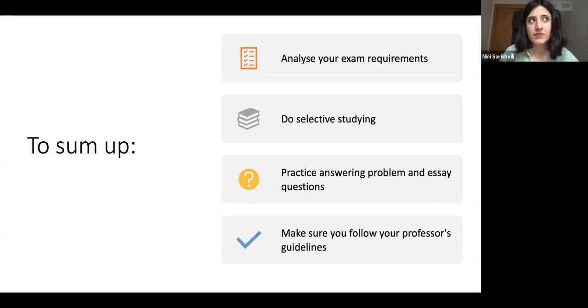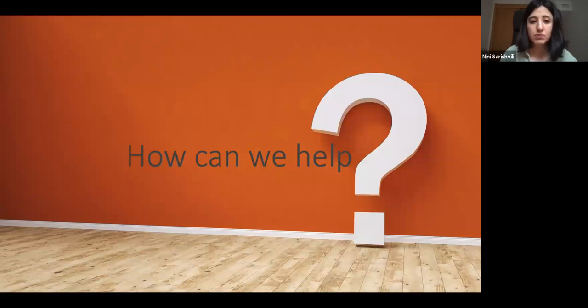There is also sometimes formative coursework, but you may or may not have it. If you have it, make sure you submit the formative coursework, because that's your chance to get some feedback from your professor, and that's a great opportunity for you to learn more about what you're required to do on your exam.